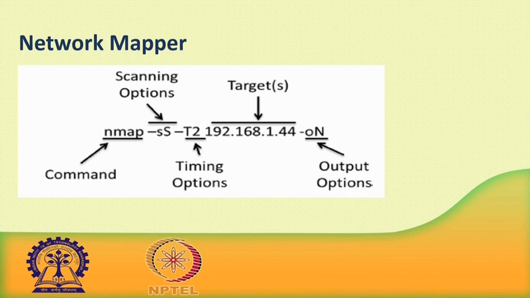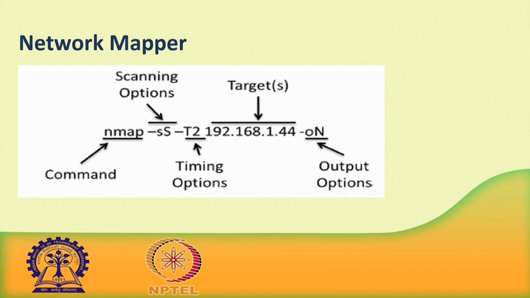The template names are paranoid, we use 0 for paranoid, sneaky we use 1, we use 2 for polite, we use 3 for normal, we use 4 for aggressive, and we use 5 for insane scan. The first two are for IDS evasion.